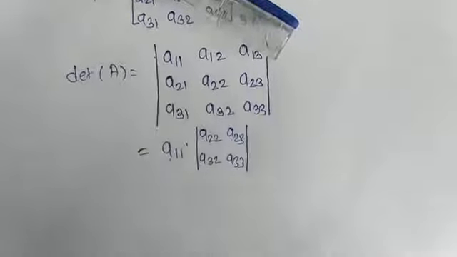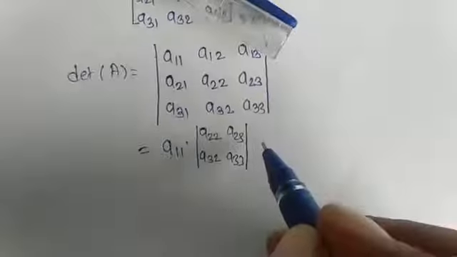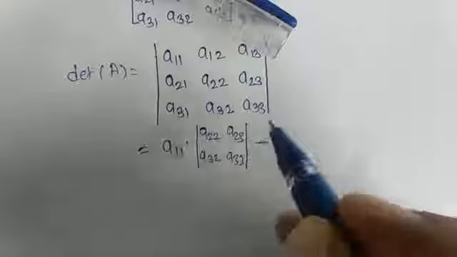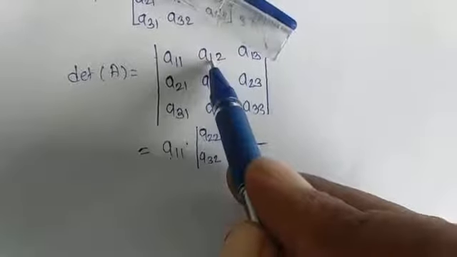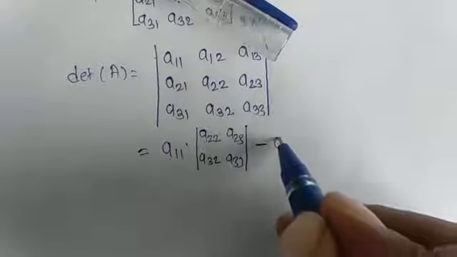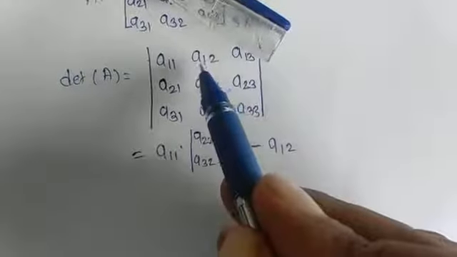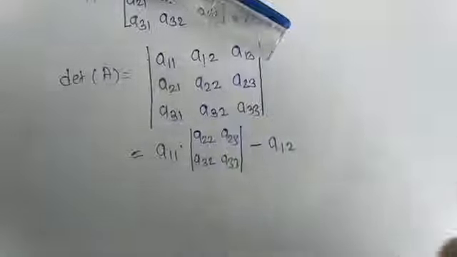Second will be minus A12, the first row second element, so we delete the first row and second column.